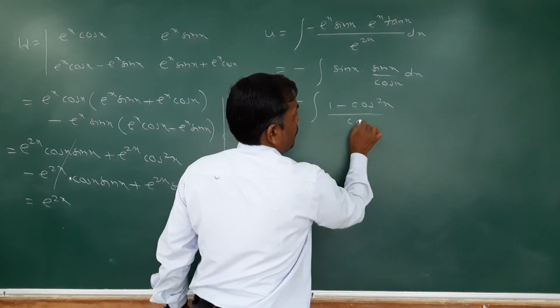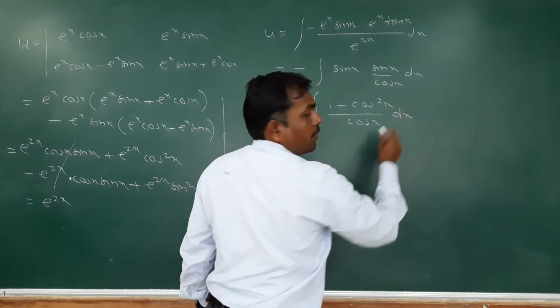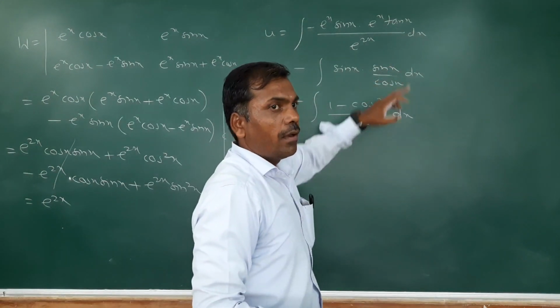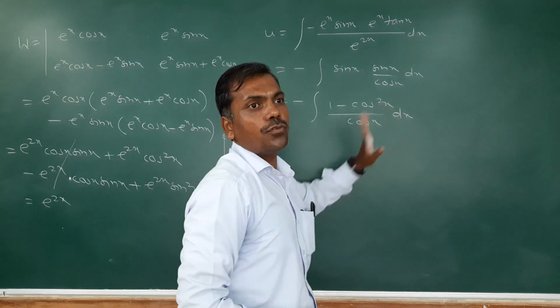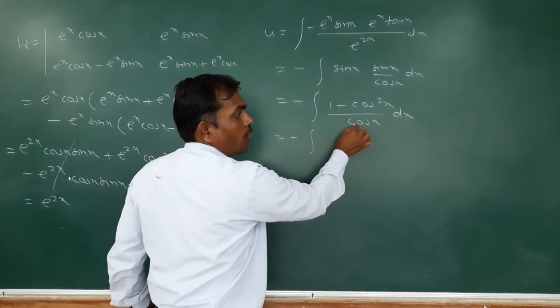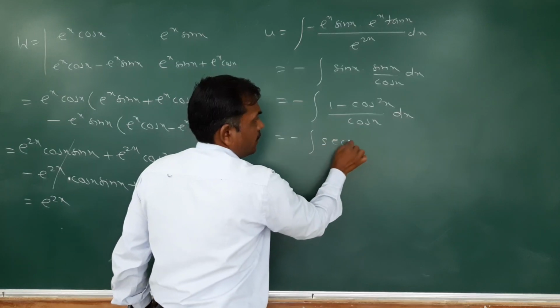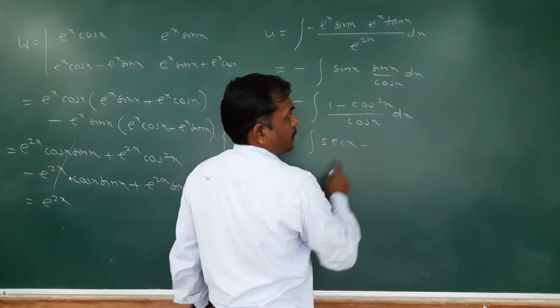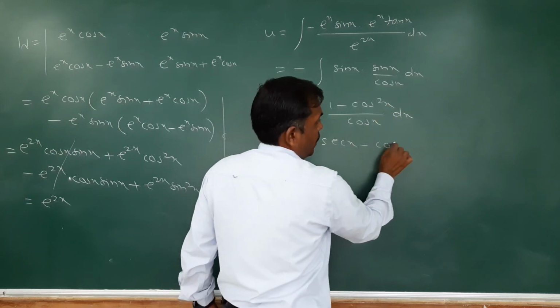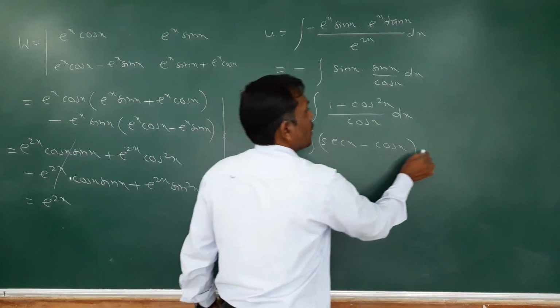Note this, I have written it directly. You have to understand it. Sin x into sin x is sin square x, and that sin square x we can write as 1 minus cos square x and divide separately. So minus integration of 1 upon cos x, which is sec x, minus cos square x upon cos x. What remains? Cos x dx.